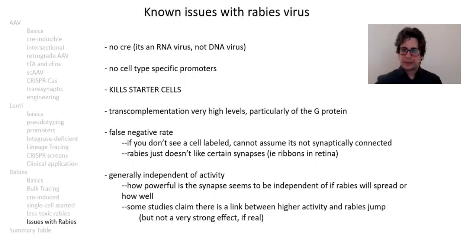And another one is that it seems to be independent of how active that synapse really is. So it's just a binary measure of, are these things connected or not, is how people usually interpret rabies. Nothing to do with the strength of the synapse at all.